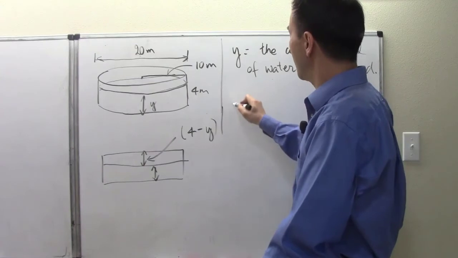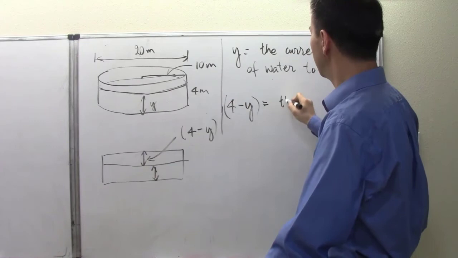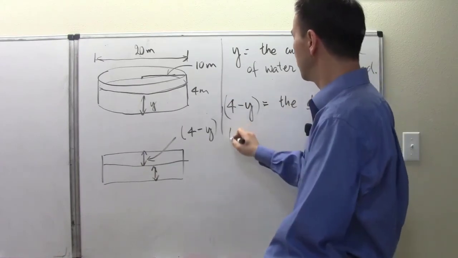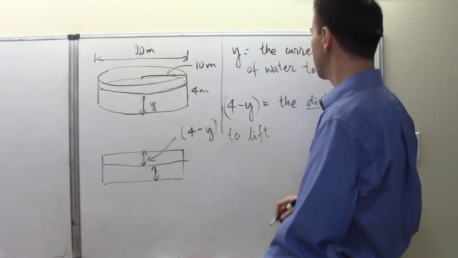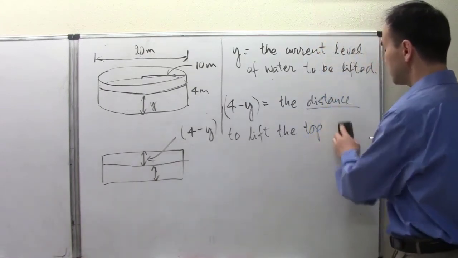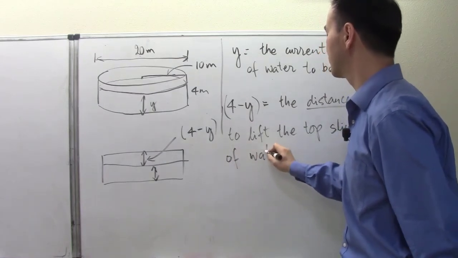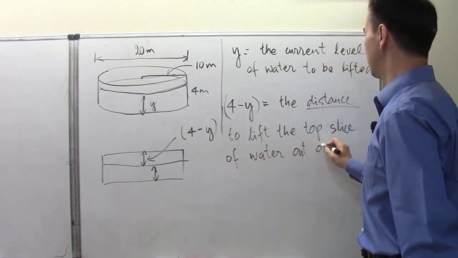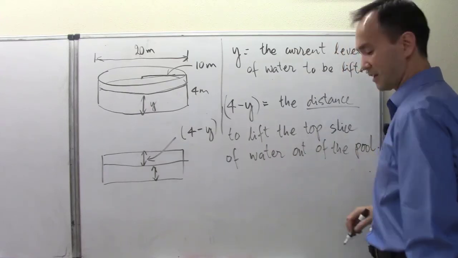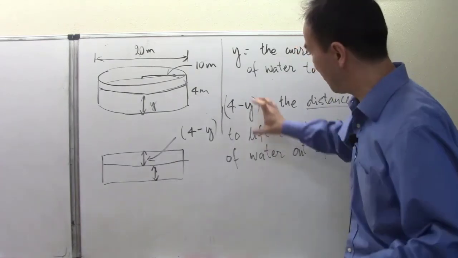All right, so in that way, 4 minus y is equal to the vertical distance to lift the top slice of water out of the pool. All right, so that's another expression right there. That's how far we're lifting it.